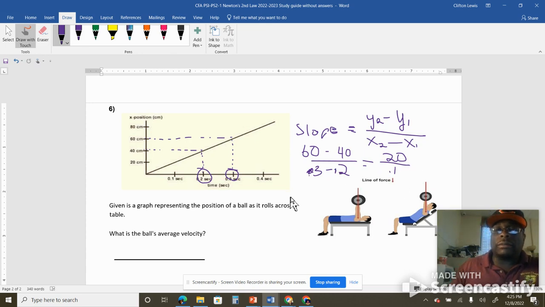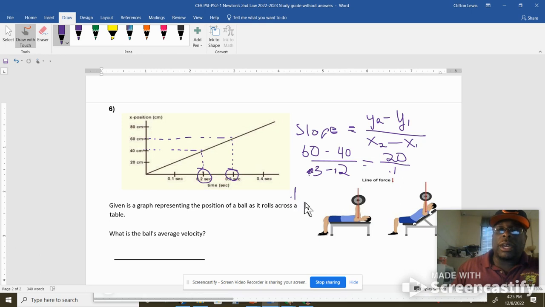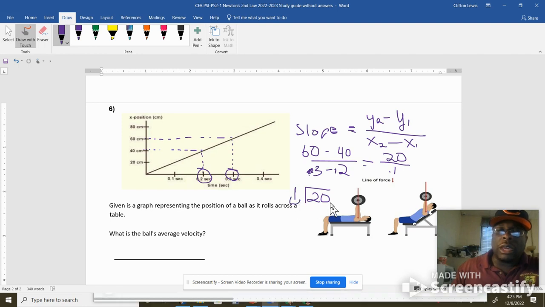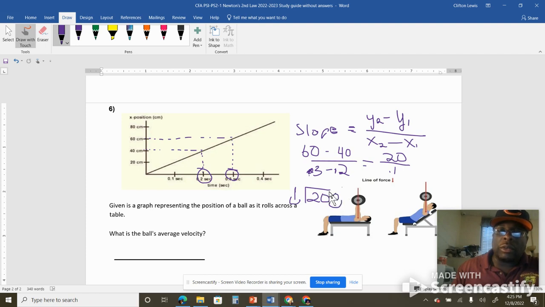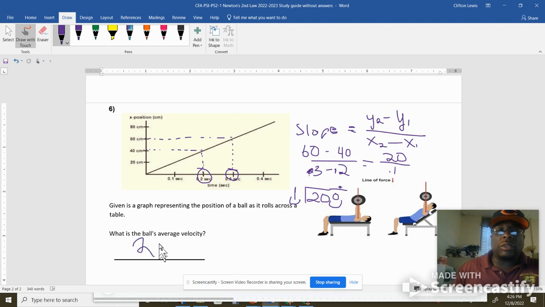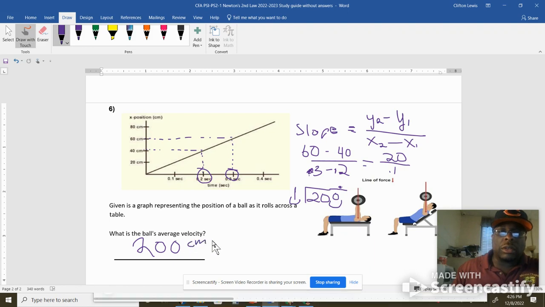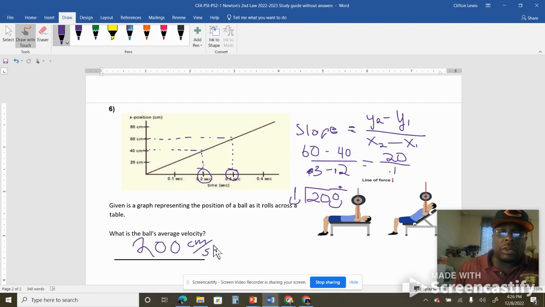So when I divide, I had to move that decimal over to the right one time for dividing with decimals. I had to do the same thing over here. So the decimal will be up here when I draw my line out. And that'll be 200. So the answer is 200. But what's the relationship? 200 centimeters over seconds squared.